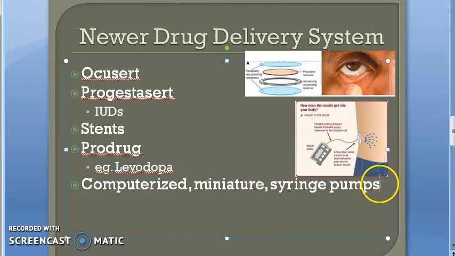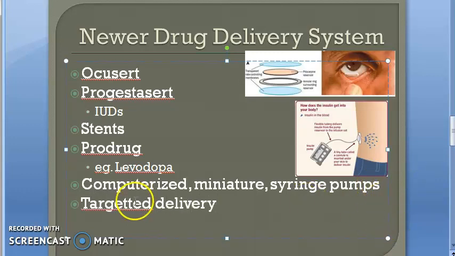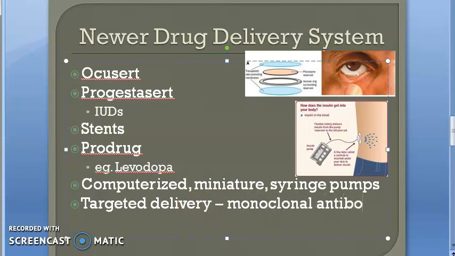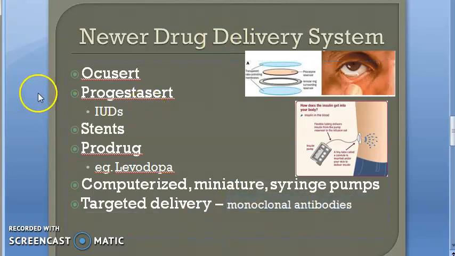Last one is targeted delivery. Targeted delivery, like monoclonal antibodies. Not very sure, but definitely it's a very targeted type of delivery: monoclonal antibodies, liposomal drug delivery, etc. Not going into much detail, but there are a lot of newer drug delivery systems.